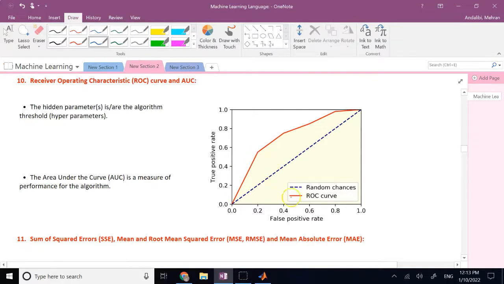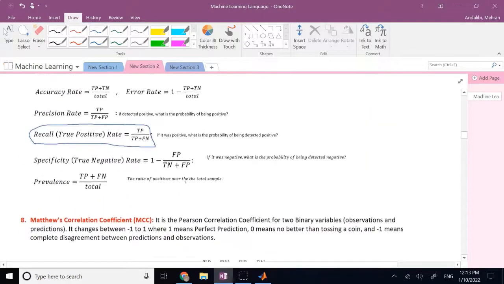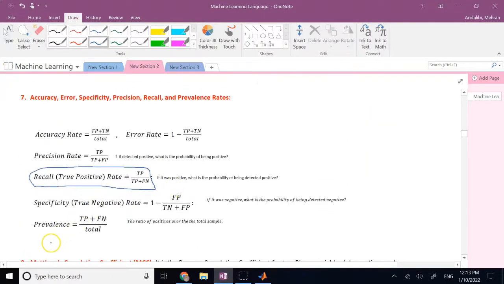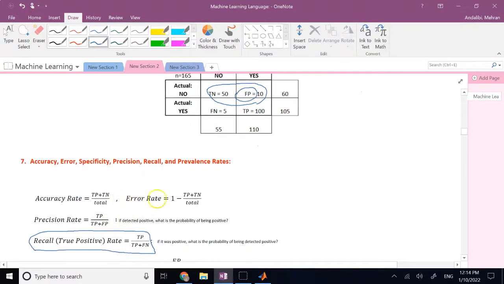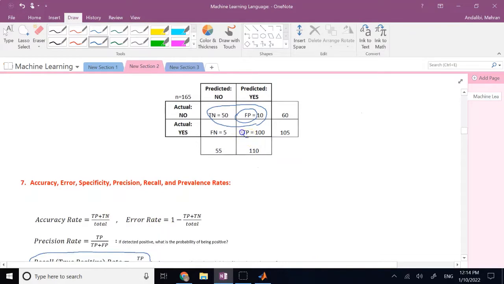And also, you can calculate a false positive rate. What is the false positive rate? It is the false positive divided by false positive plus true negative. So it's basically that number divided by the whole row. That is called false positive rate, while true positive rate, as you can see, was this number divided by its whole row.